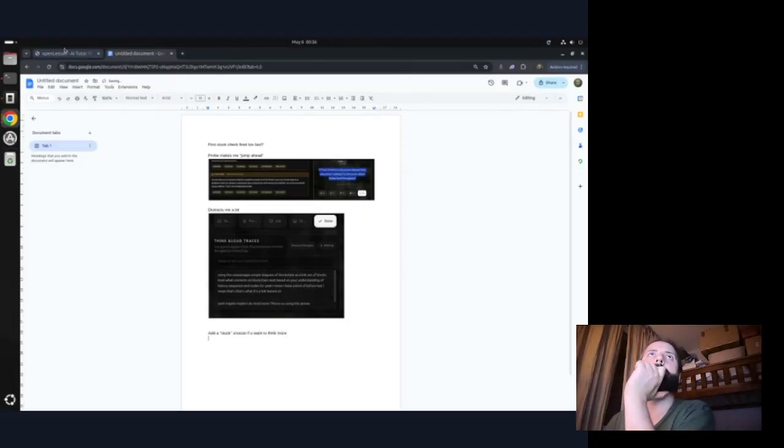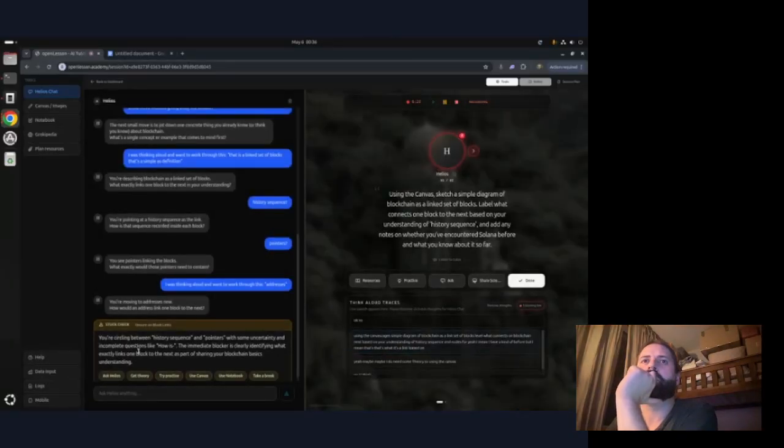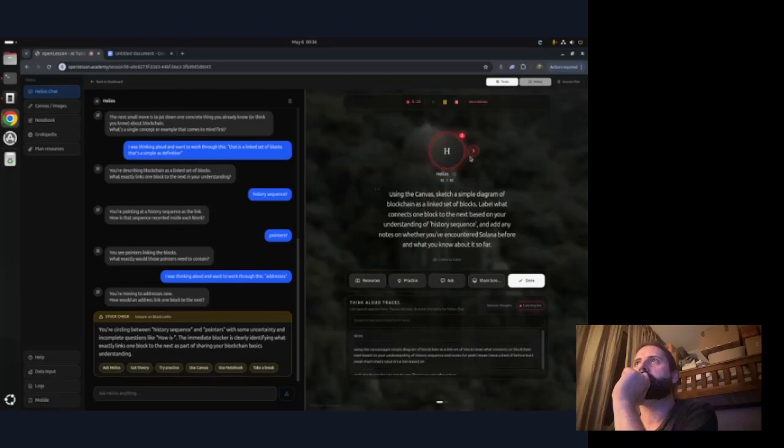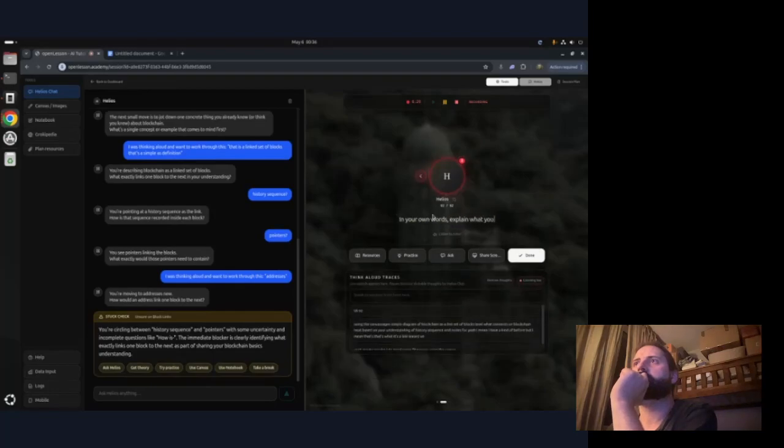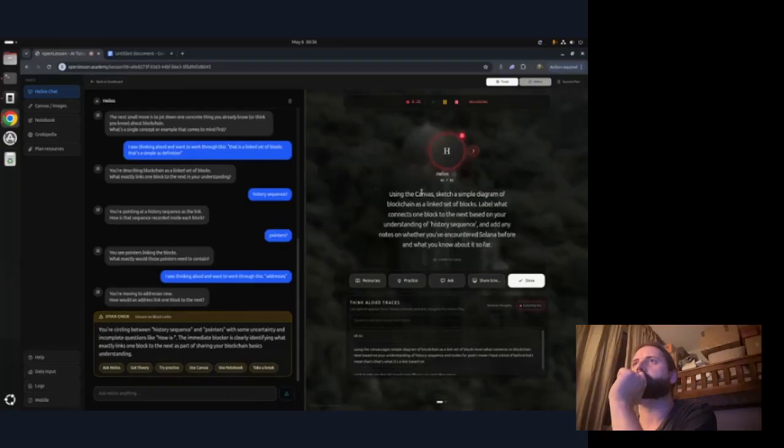I think that's an important feature. Okay, so, using the canvas, sketch a simple diagram of blockchain. I don't want to do this now.